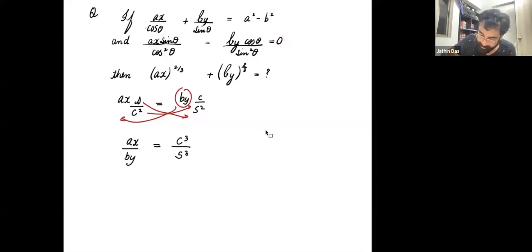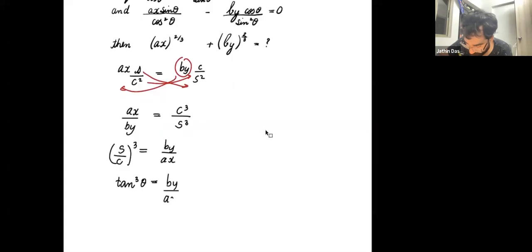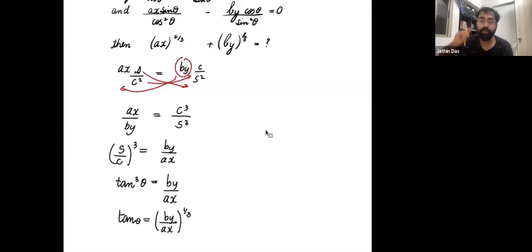Why? Because if I take the reciprocal, you will get b by ax, and this is tan cube theta, right? By ax, and you will get tan theta as b by ax raised to 1 by 3.